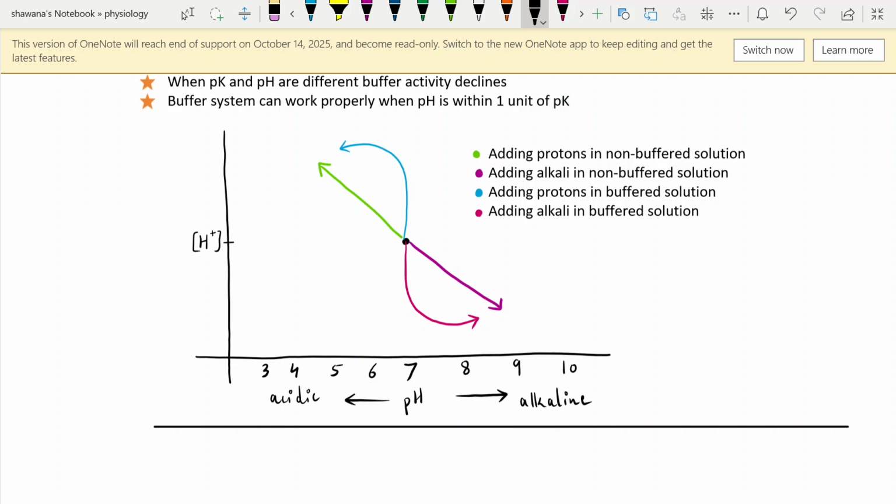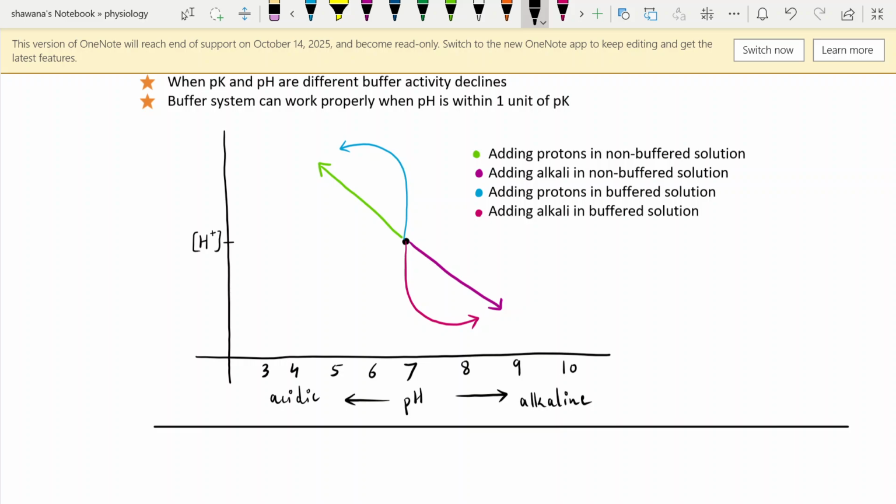So when we add the protons, the pH starts to decrease very rapidly because there is no buffer in the system. But when we add alkali to a non-buffered solution, its pH will increase drastically in no time.